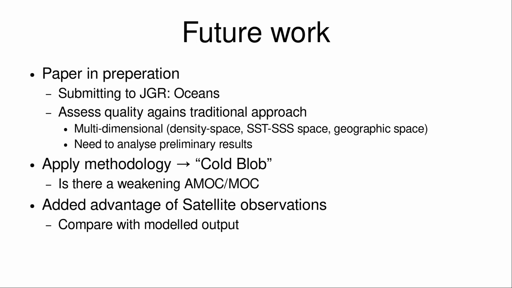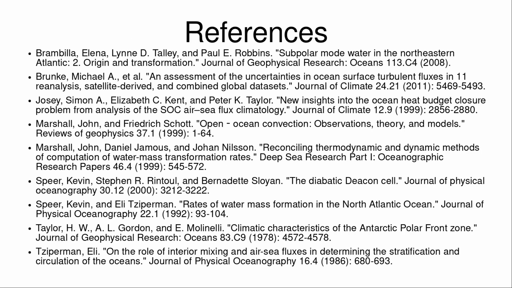As well as that, we need to assess the added advantage of using satellites, as was our initial aim, in order to compare it with the model output to see its added advantage. And that represents the end of my presentation, and here are the references.